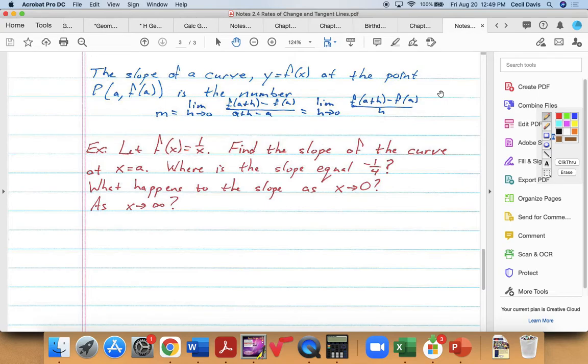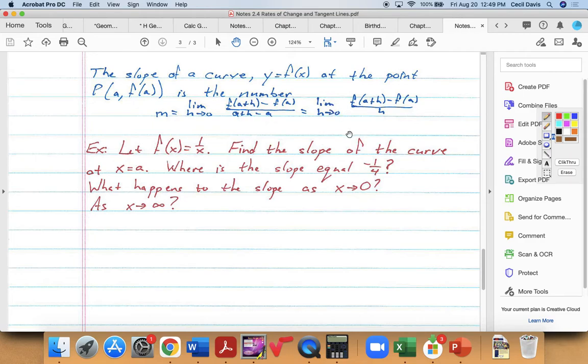Here is a way that we can take Fermat's method and make it into an equation. The slope of a curve, y equals f of x, at the point a, f of a, is the number m, which is equal to the limit as h goes to 0 of f of a plus h minus f of a over a plus h minus a, which notice is always going to simplify the denominator to just h.